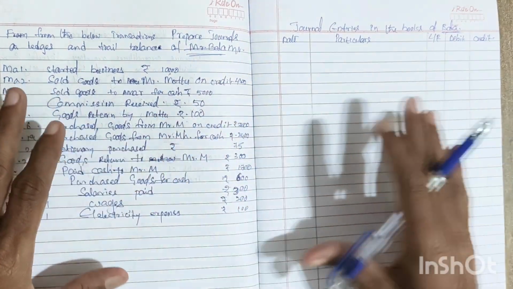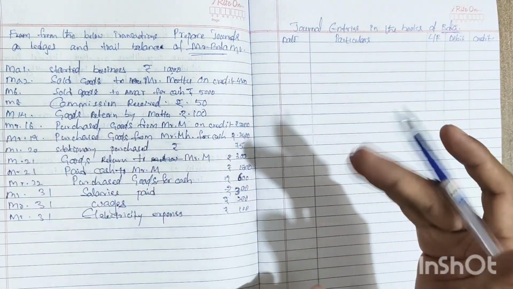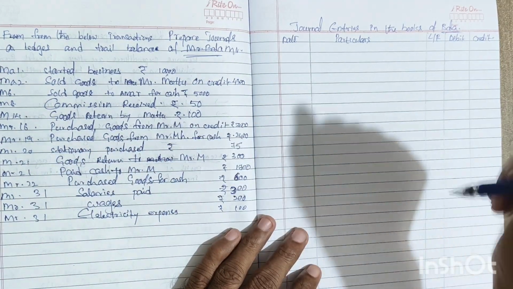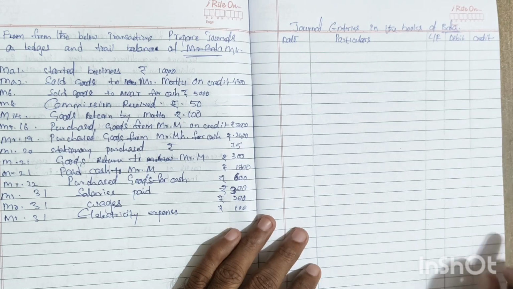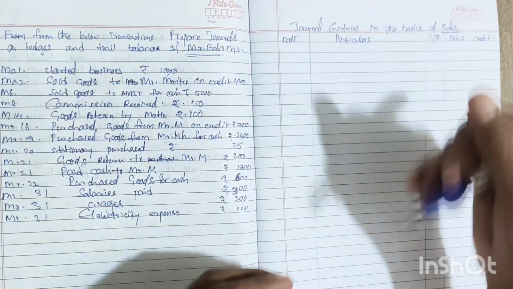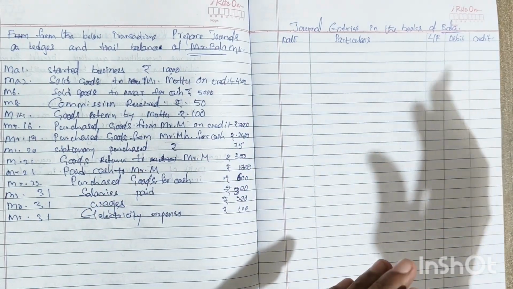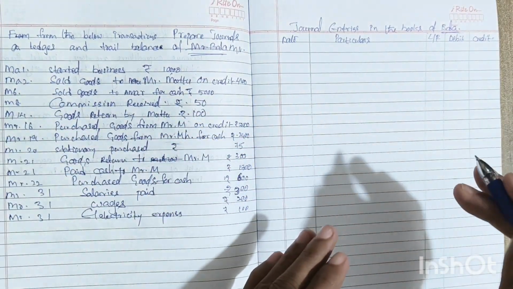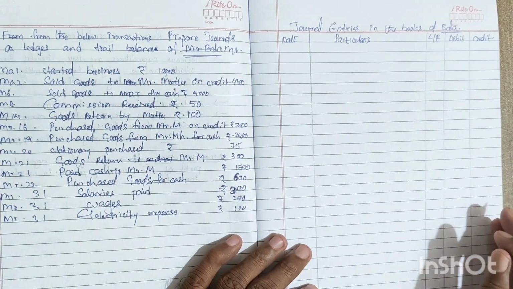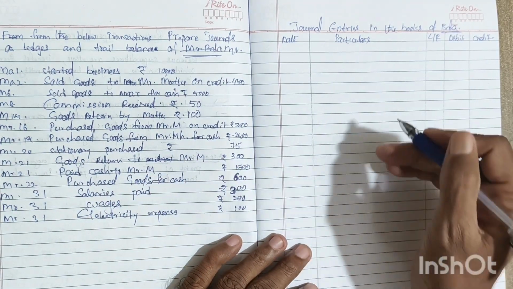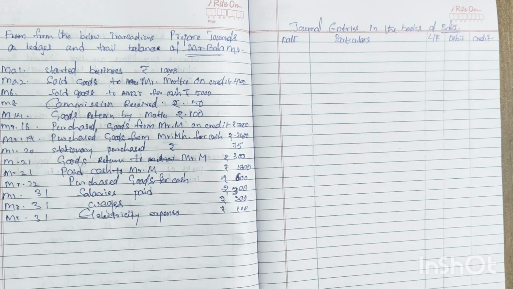Since it is lengthy and space is required, I'm not able to explain on the board, and hence I'm taking a notebook and explaining, so it will be comfortable to explain how we prepare the journal entries, from journal entry to ledger balance, from ledger balance to trial balance. It will be easy to explain in the notebook rather than the board. Hope this will be comfortable for the students to watch.